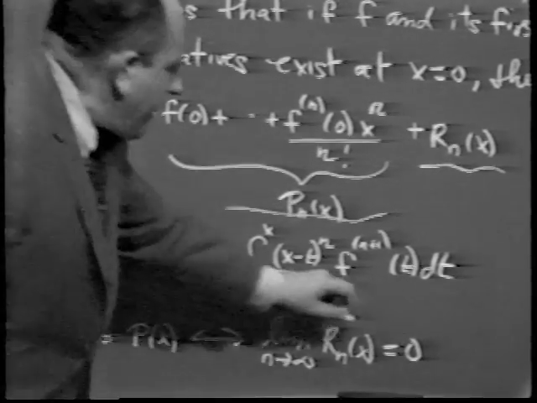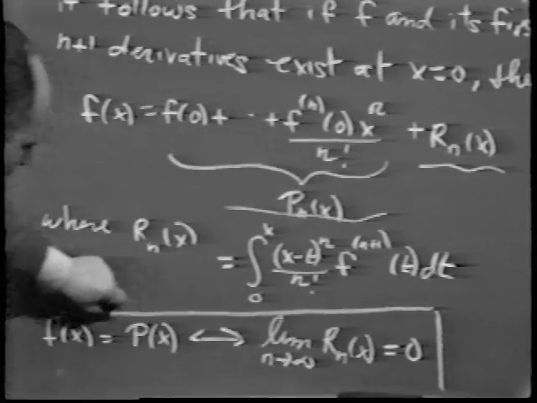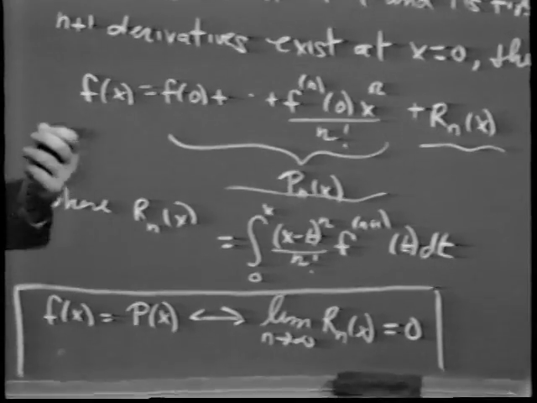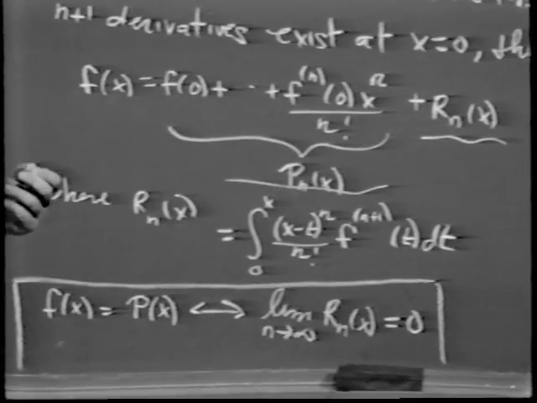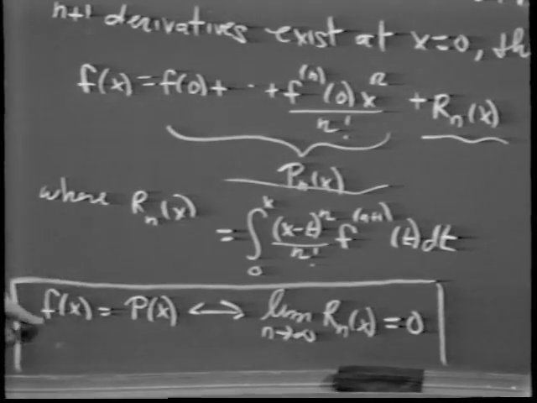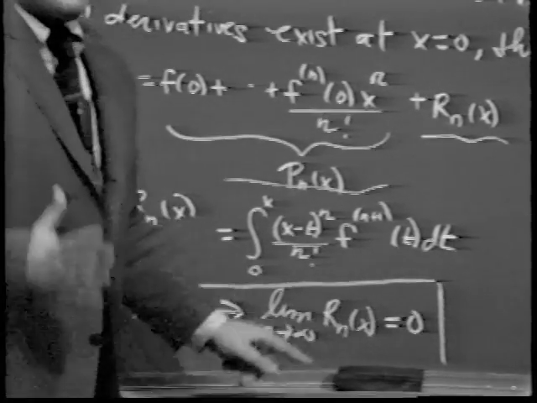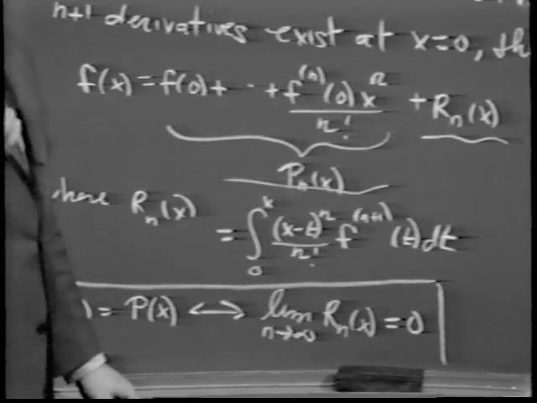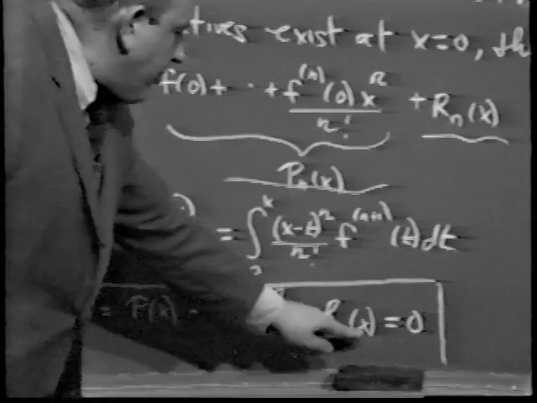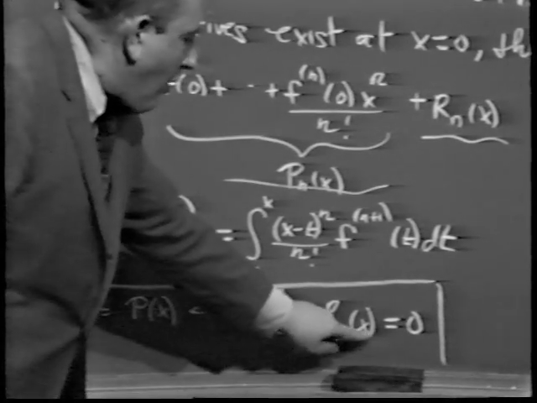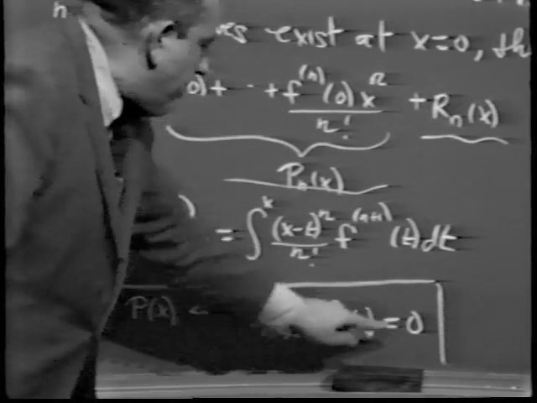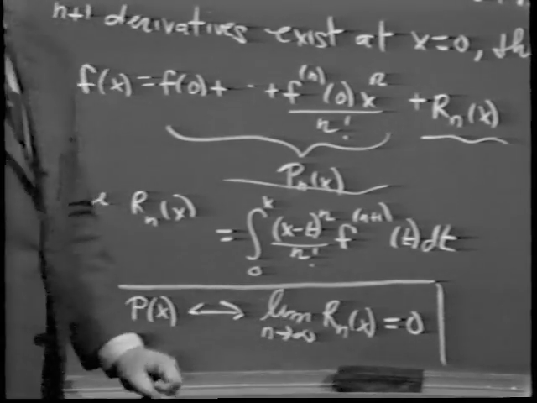In other words, leaving the computational details to the text because it does it very nicely, what we're saying is that the significance of Taylor's remainder theorem is that to find out where f of x and p of x are identical, we simply, I say simply meaning conceptually simply, computationally it might be difficult, what we do is simply find all those values of x for which r sub n of x goes to 0 in the limit as n goes to infinity.